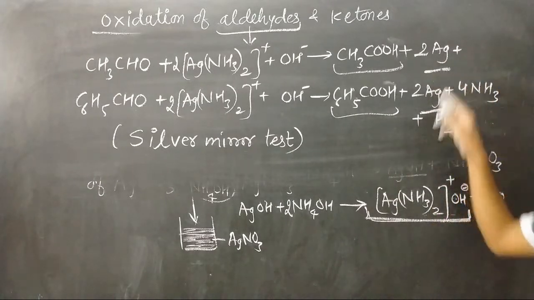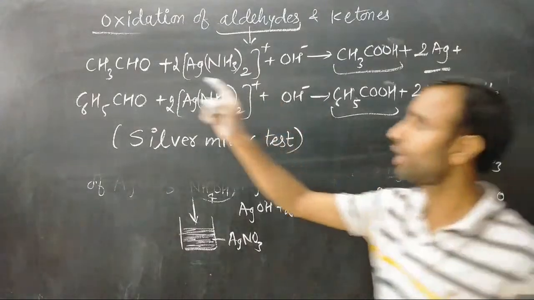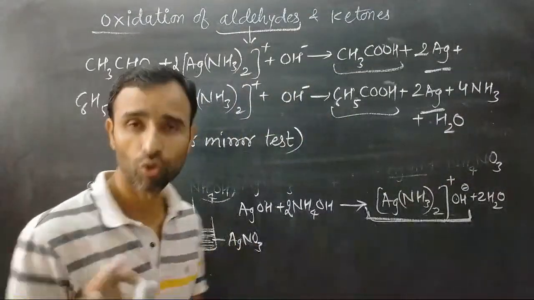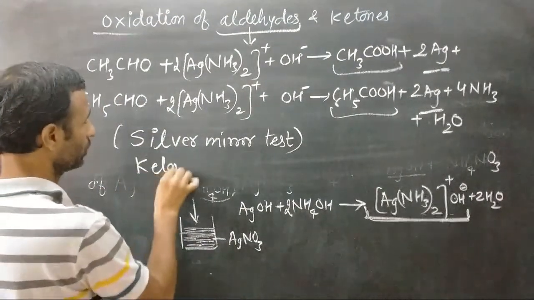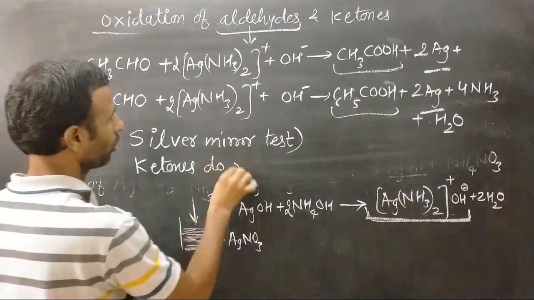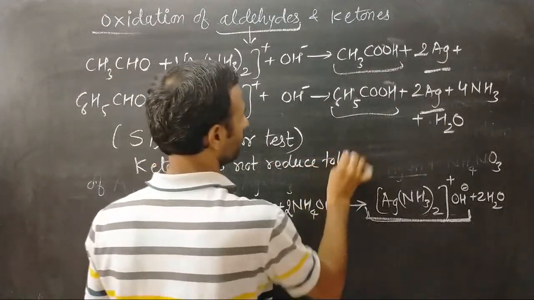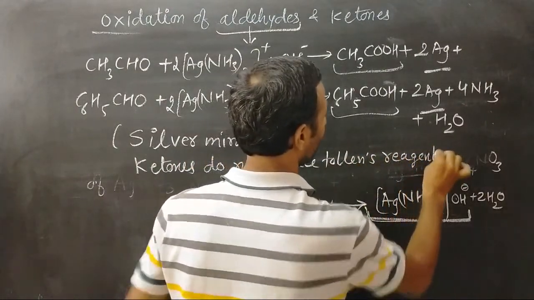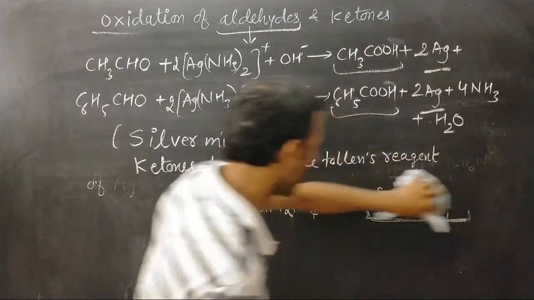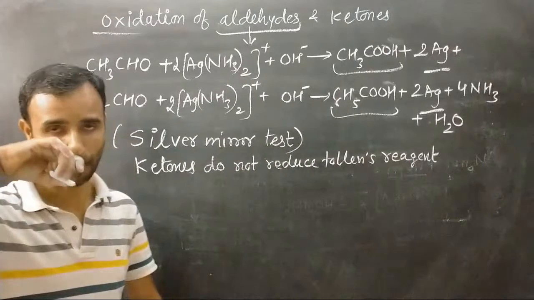This is called the silver mirror. The silver mirror test is given by aldehydes. Ketones do not react with, or reduce, Tollens reagent. So we can distinguish aldehydes from ketones by using Tollens reagent.